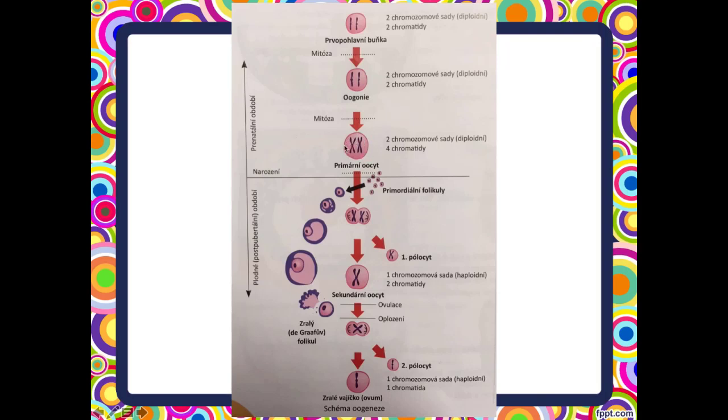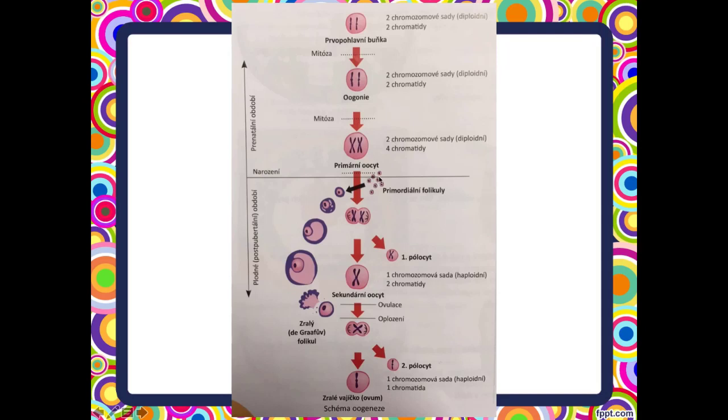So that means they are still diploid, and each chromosome has now two chromatids, like that. This stage is called the primary oocyte. The primary oocyte stay within the primordial follicles from the fetal period to the puberty.